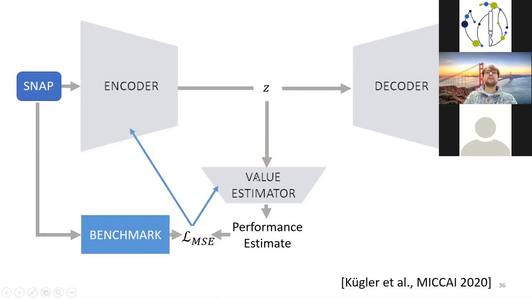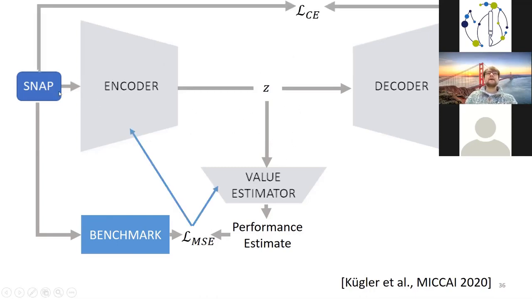There we first have the reconstruction loss, which is a cross entropy loss to reconstruct the snap description, the snap string that we put into this design up here.